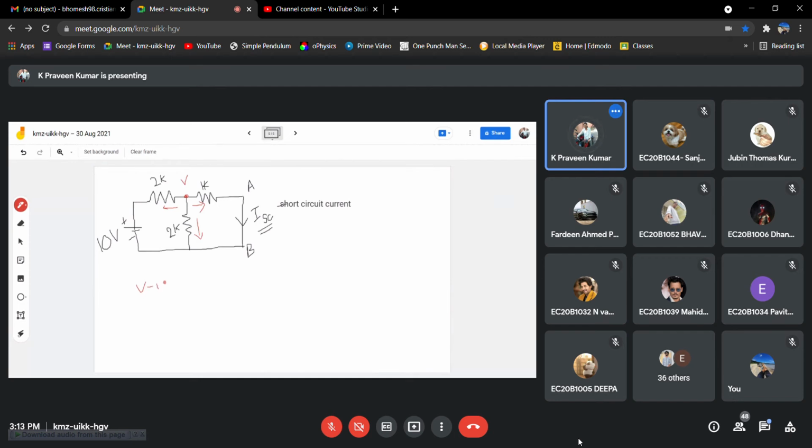(V minus 10)/2 plus V/2 plus V/1, and that equal to 0. Now can you tell me what is this node voltage V?